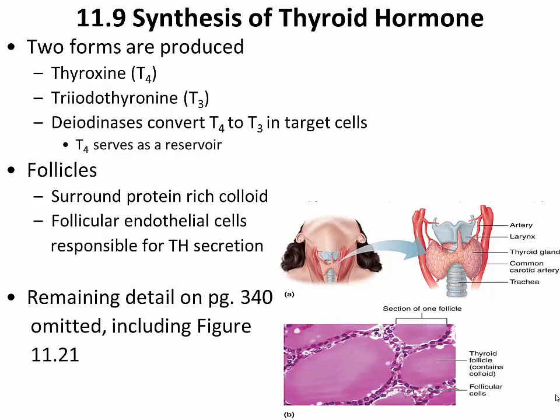In the synthesis of thyroid hormone, a couple of things we want to make note of. One is that here we have the thyroid gland, if you follow the cursor, straddling the trachea with a lobe on either side of the trachea. If we look at the structure of the thyroid gland under the scope, we see these regions referred to as follicles.